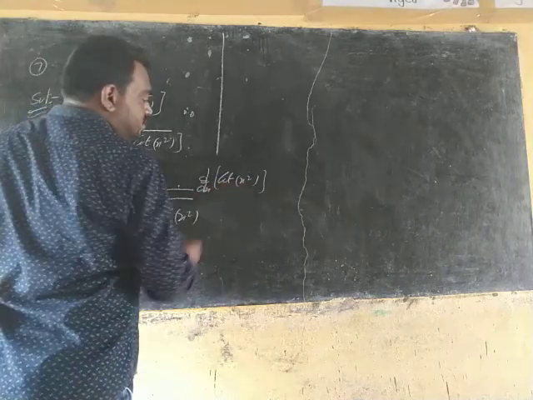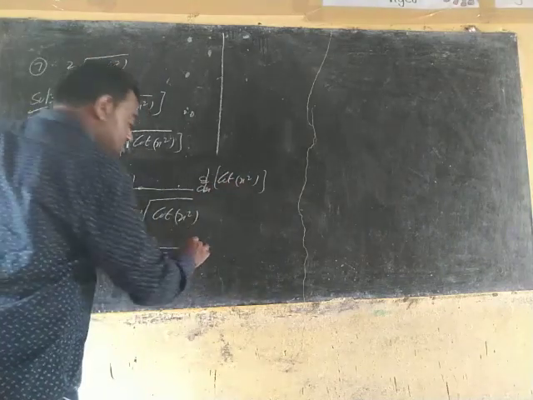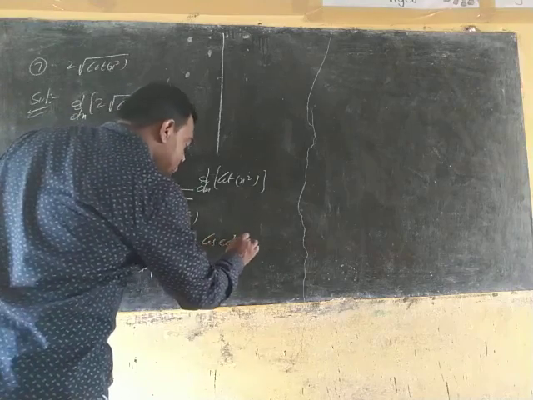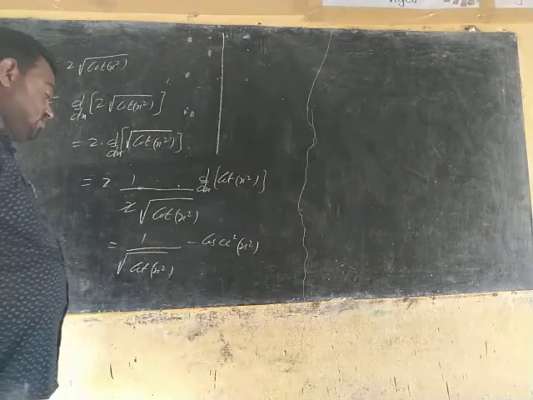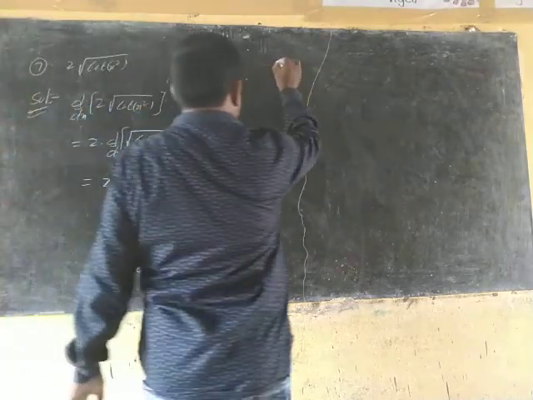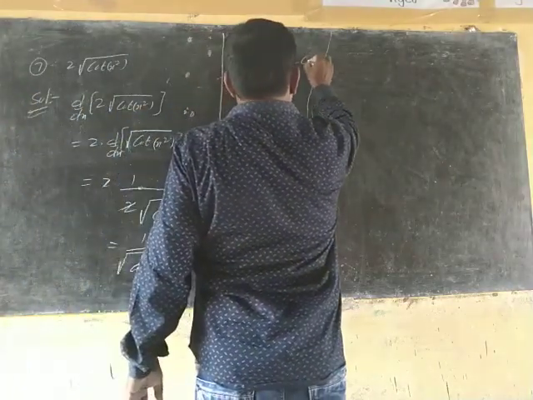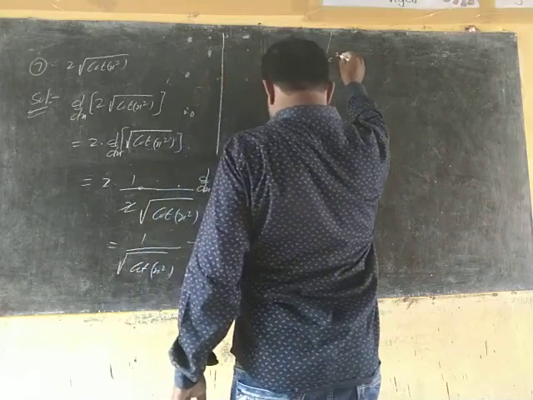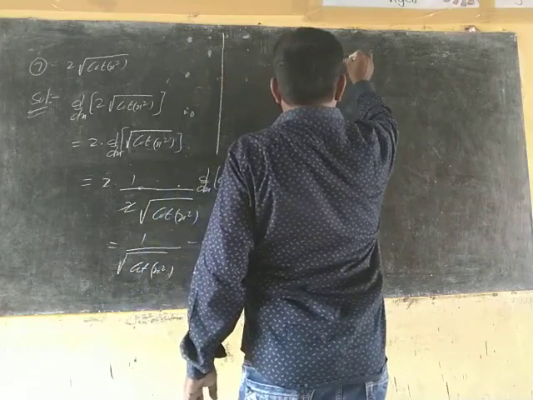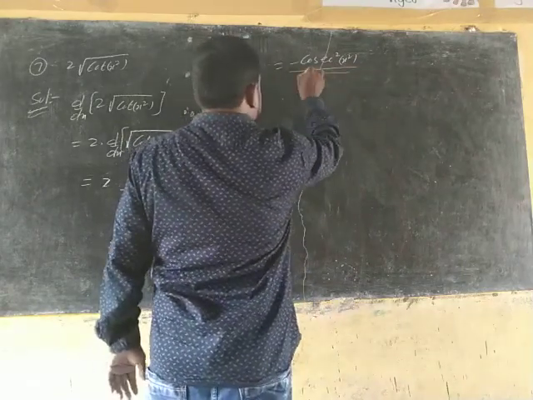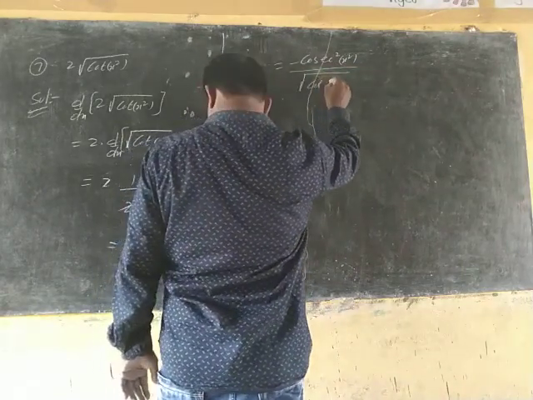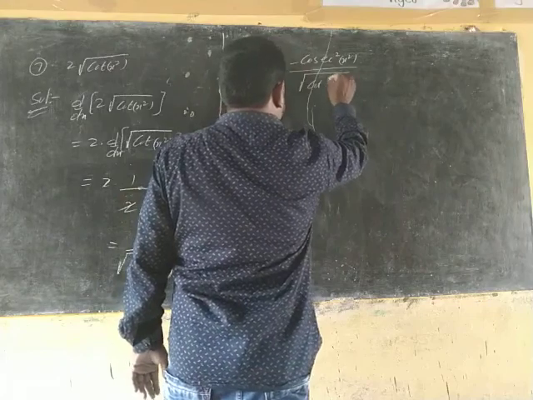Next to that, derivative of cot x is minus cosec square x. Minus cosec square of x square. So that is the result of this. This is equal to minus cosec square x square by square root of cot of x square.